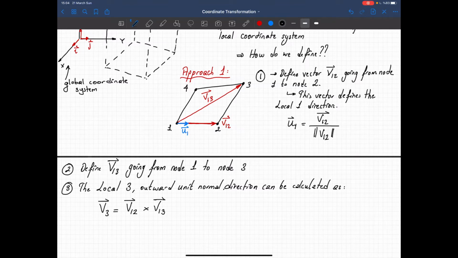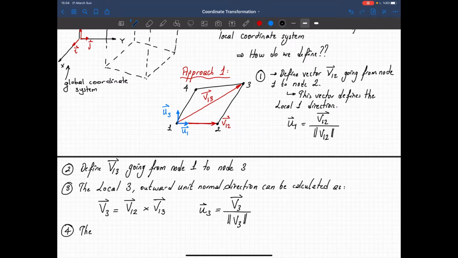The third direction vector is simply v3 divided by the norm of v3. So with this step, I determine the third direction. This will be the outward unit normal, U3.